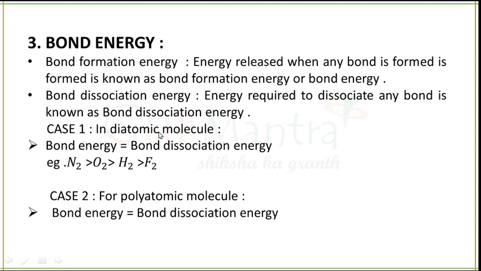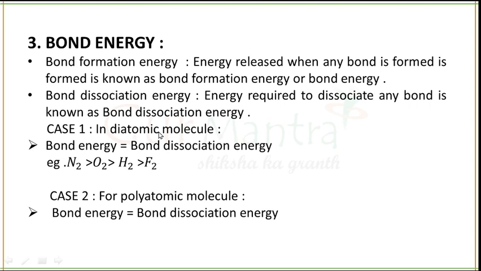Next parameter is bond energy. Basically, there are two kinds of energy: number 1 is the formation energy and number 2 is the dissociation energy. Bond formation energy is the energy which is released when any bond is formed.